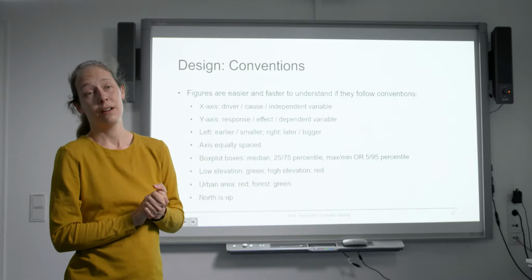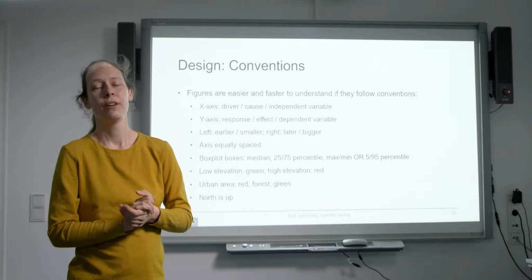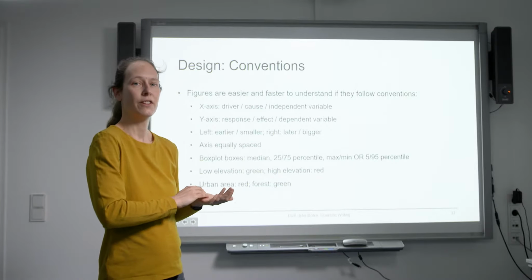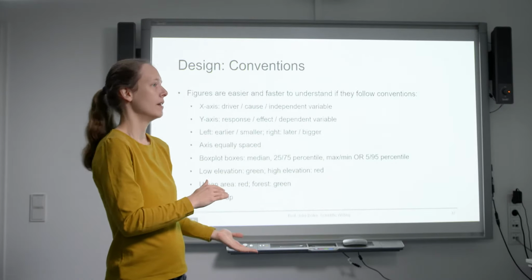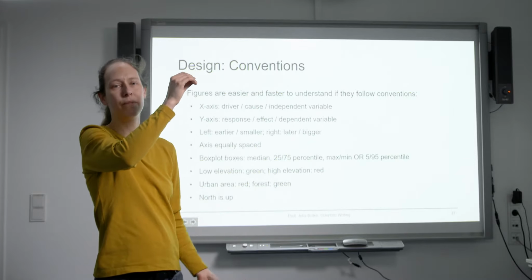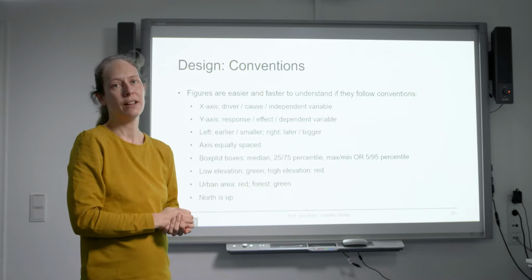Also, maps follow a lot of conventions. For example, usually if you have a digital elevation model, green would be low elevation, red, or even then violet and white would be high elevations.